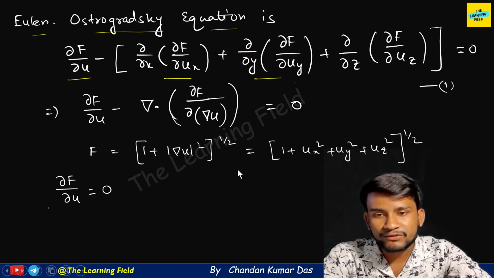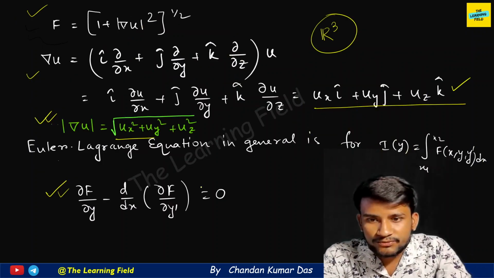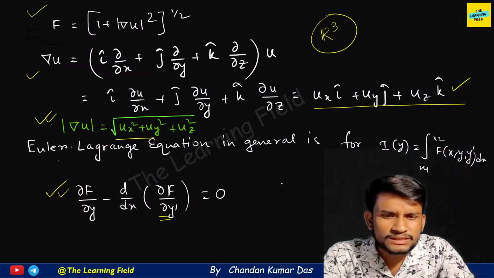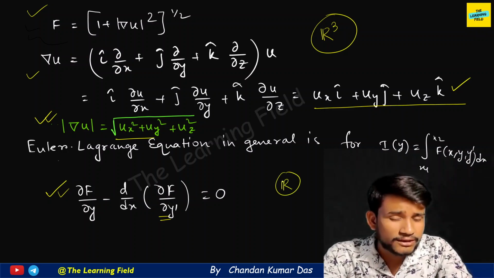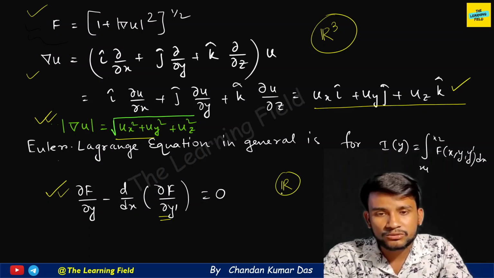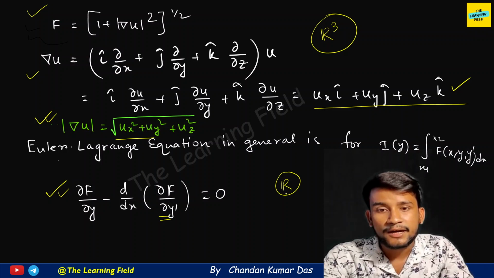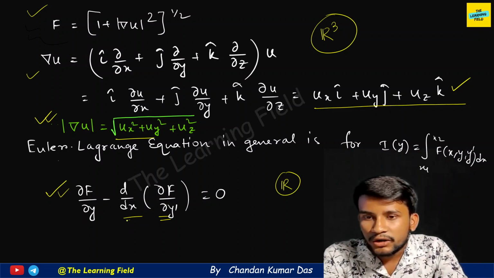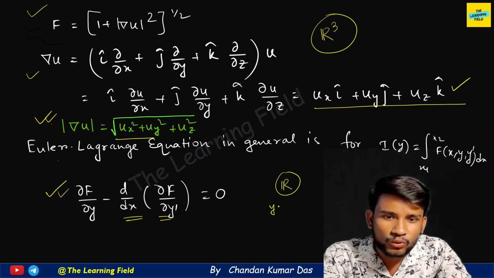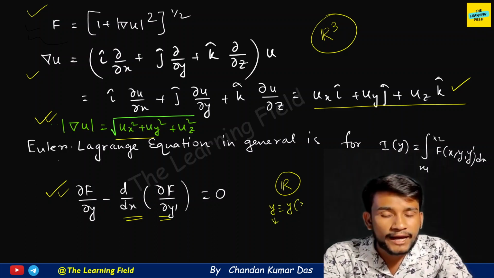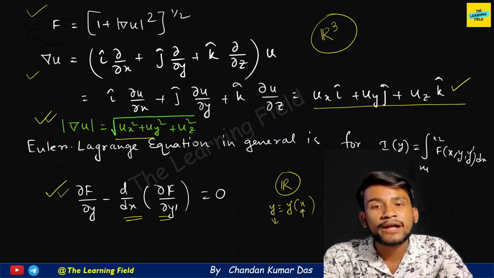See here the differences. This one is for the space R. When the dimension of the space increases, the terms also increase. Here y is the only dependent variable and x is the only independent variable.